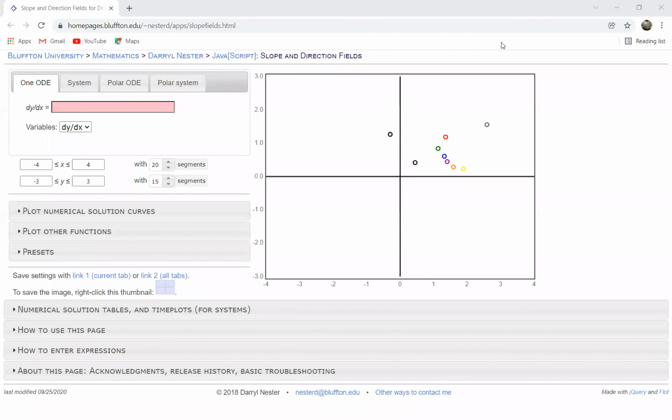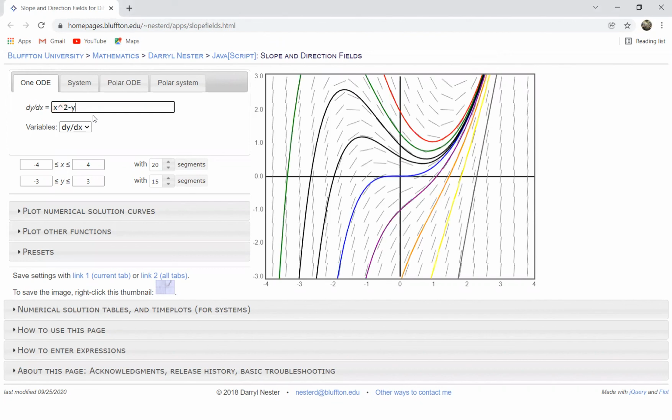One of the websites that you can use to visualize the solution of a differential equation is this website. It's free. You just need to enter x squared minus y on the right-hand side of dy over dx and hit enter.